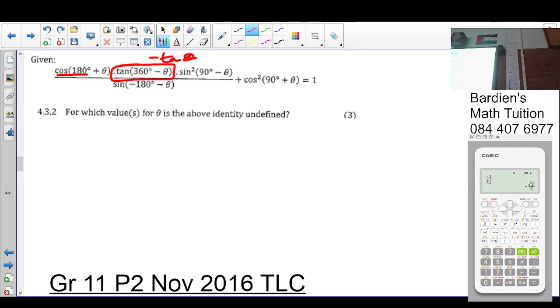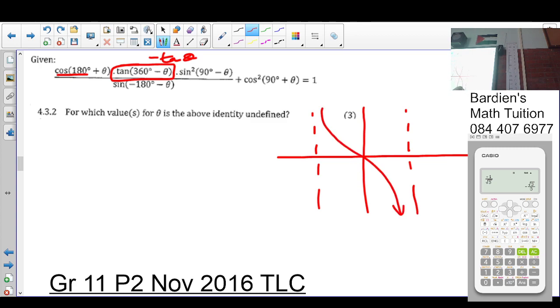But draw that graph, the negative tan graph. That's what the tan graph is going to look like. So firstly, the value for which this will be undefined is where theta is equal to 90 plus k times 180. As you can see, this is going to happen every 180 degrees. Okay.